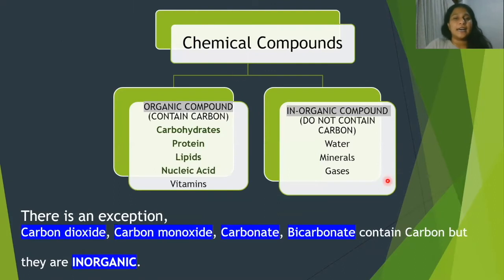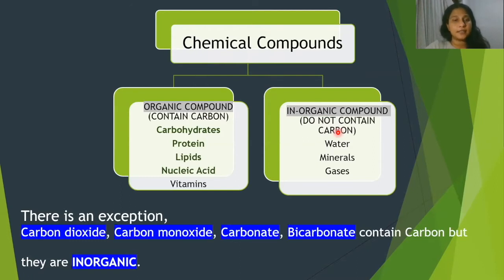Then, chemical compounds. Now you all know we consist of different types of chemicals, and here we go. Chemical compounds can be divided into 2 parts: organic compounds and inorganic compounds. Organic compounds contain carbon and inorganic compounds do not contain carbon.